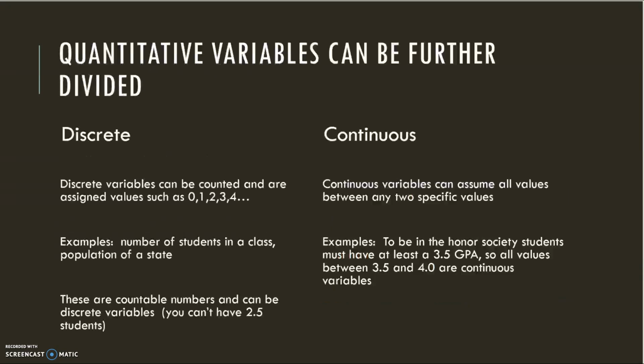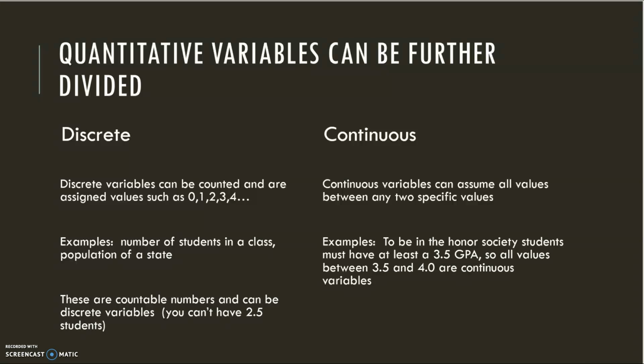Quantitative variables can also be further divided into discrete variables and continuous variables. Discrete variables can be counted and are assigned values such as 0, 1, 2, 3, 4. Examples of discrete variables would be the number of students in a class or the population of a state.